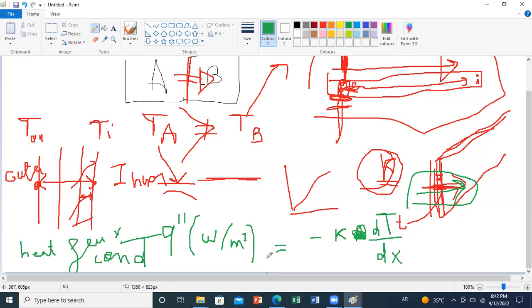Now, if you multiply by A, then you get Q conduction, in watts, which is equal to minus K A times dT by dx.